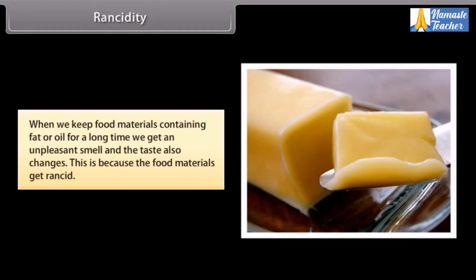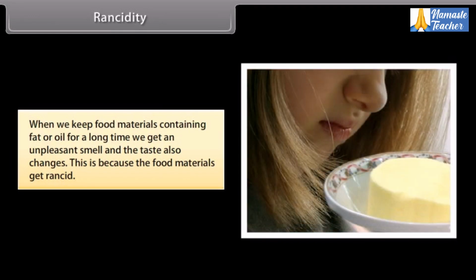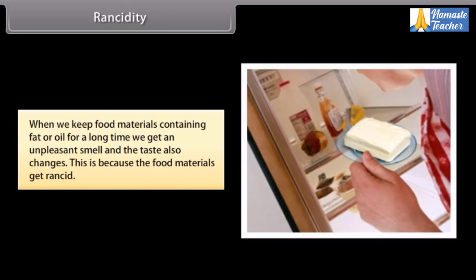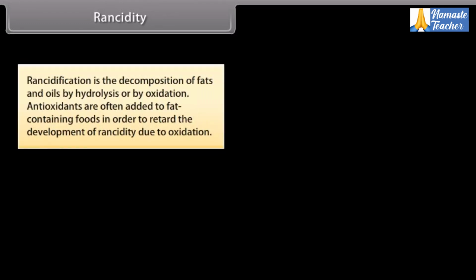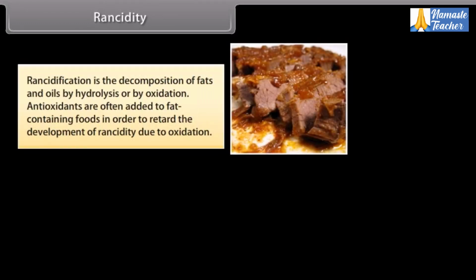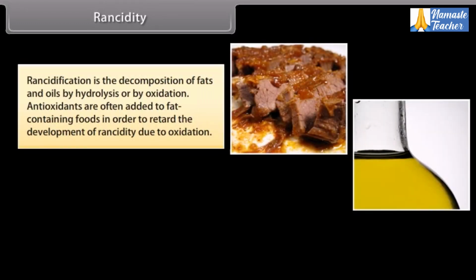When we keep food materials containing fat or oil for a long time, we get an unpleasant smell and the taste also changes. This is because the food materials get rancid. Rancidification is the decomposition of fats and oils by hydrolysis or by oxidation.